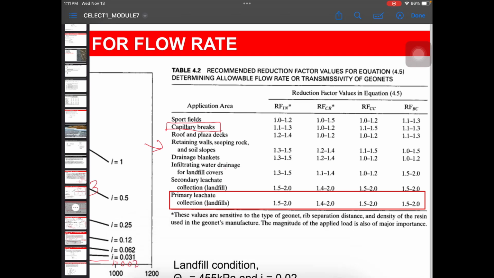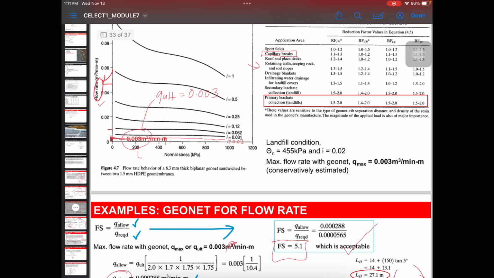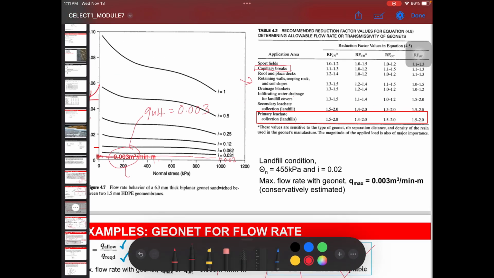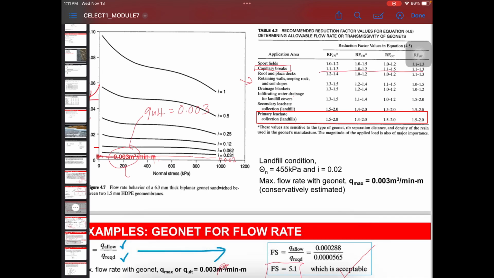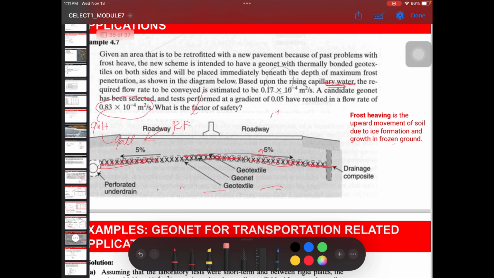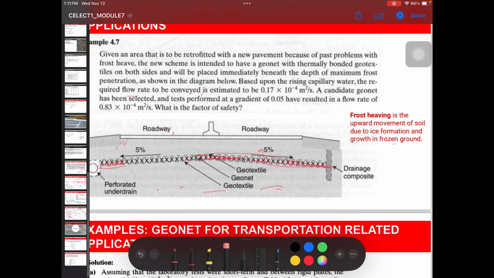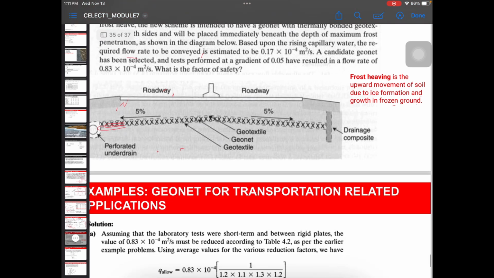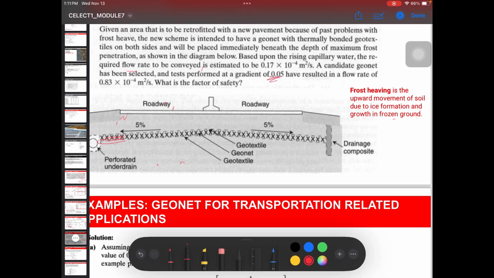Okay. So, our factor of safety, reduction factor should be within this range. So, nasan tayo? So, ayun na. And then, gradient, take note, it's 0.05.